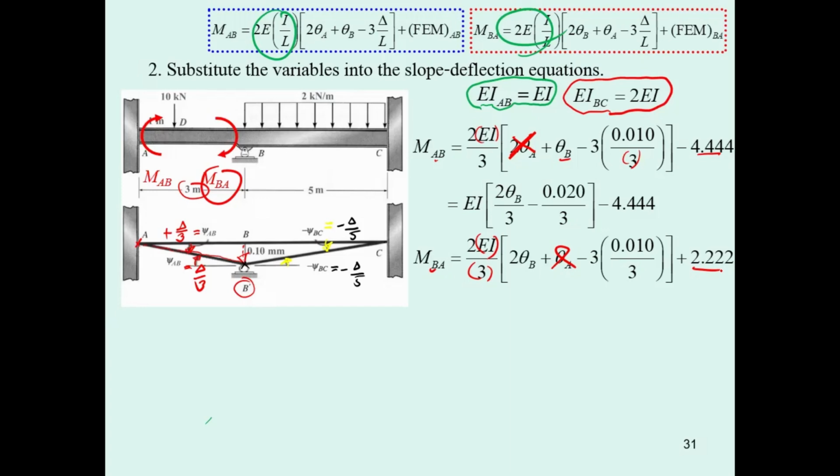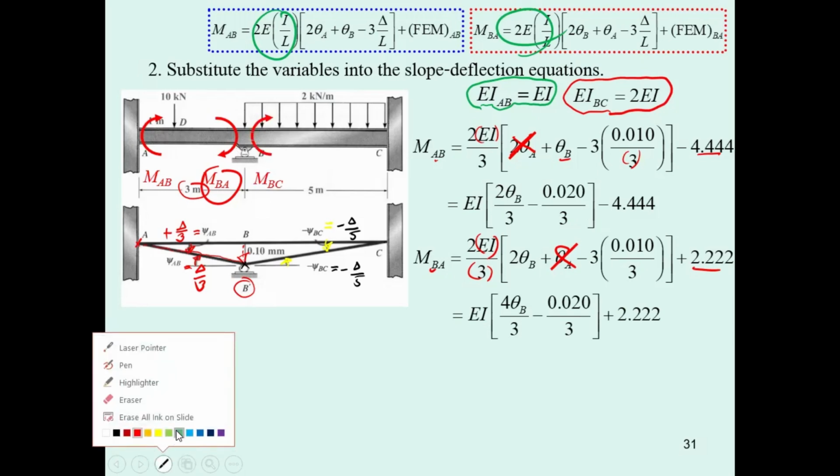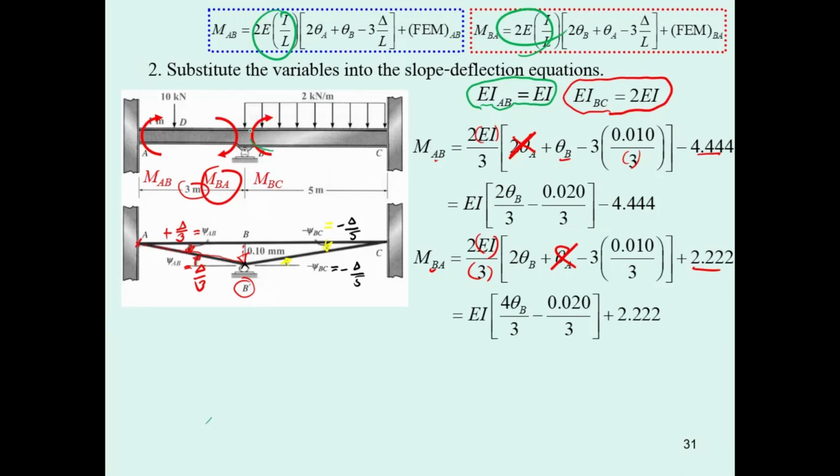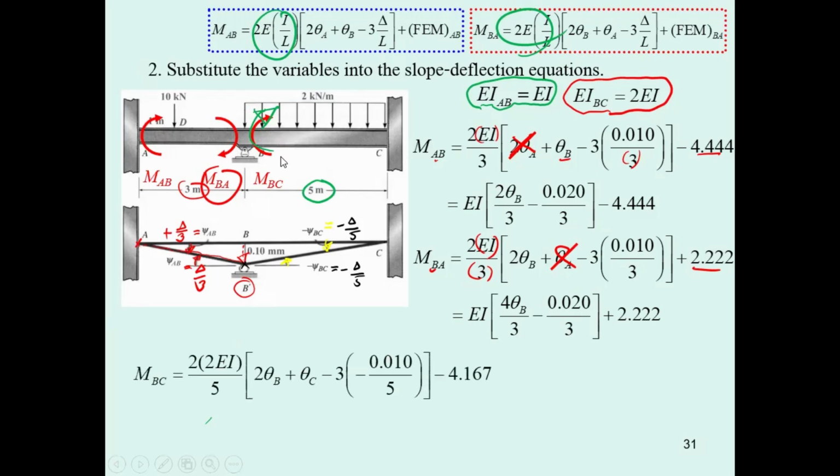Okay. And then for the second portion, BC, we have M sub BC, clockwise direction. And that's going to be divided by 5, 2 times 2EI divided by 5. Beware about it.